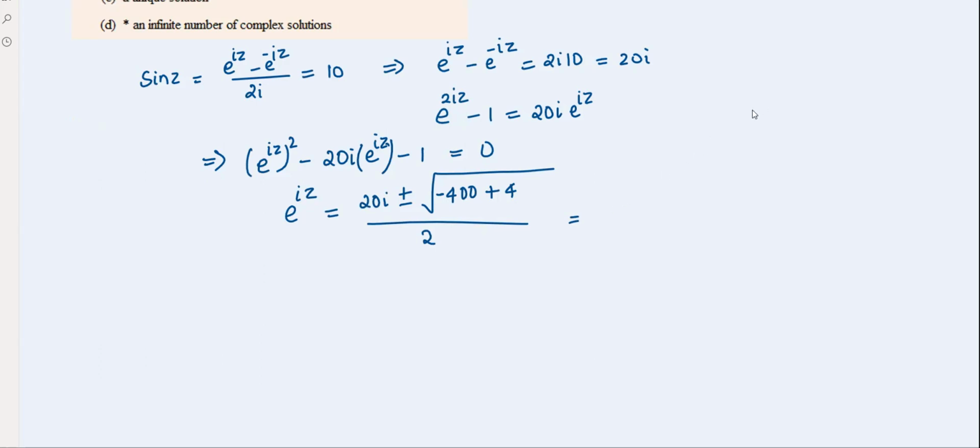So this is minus 396. Square root of 396 is not a real number.